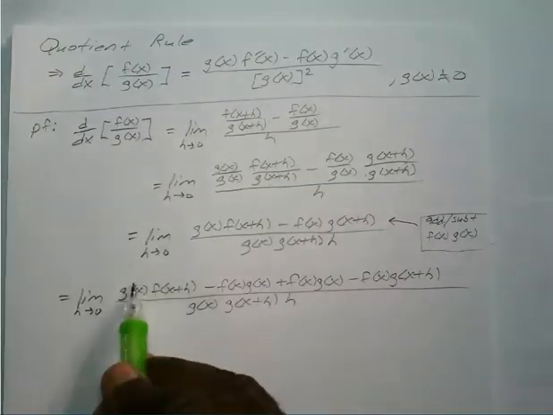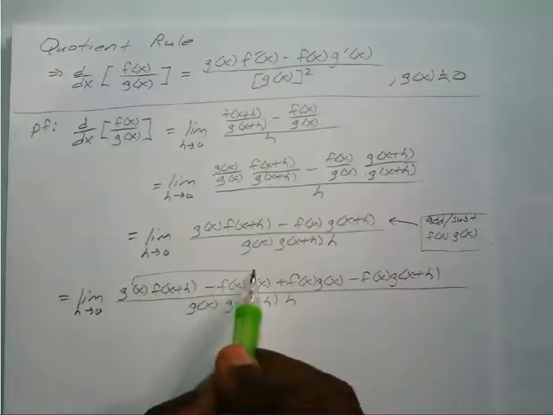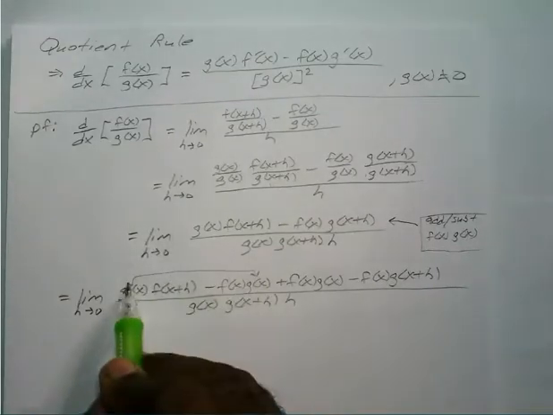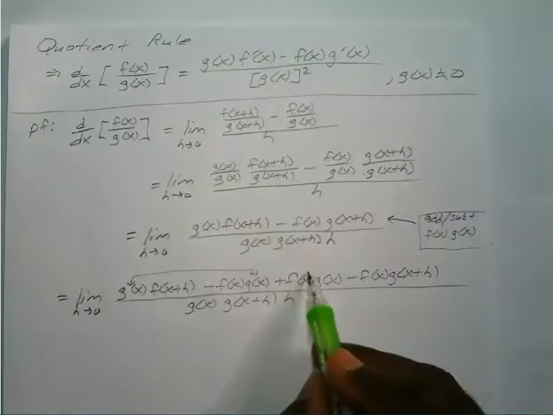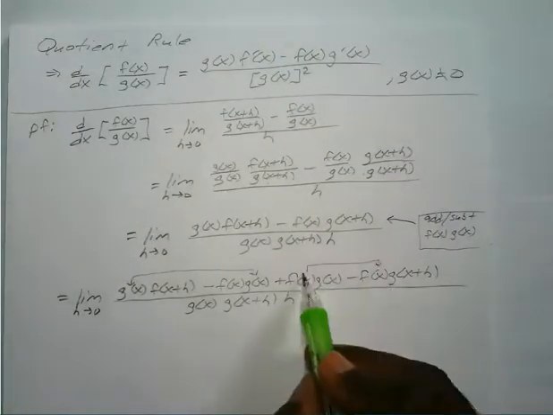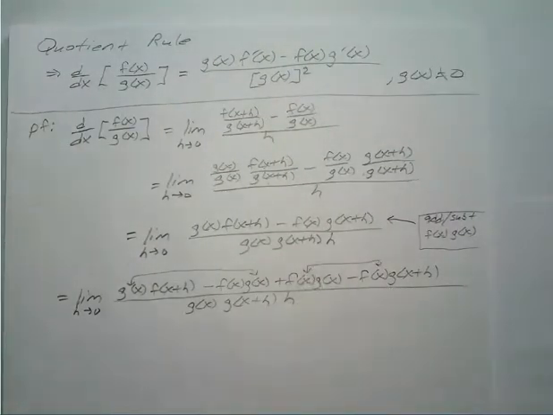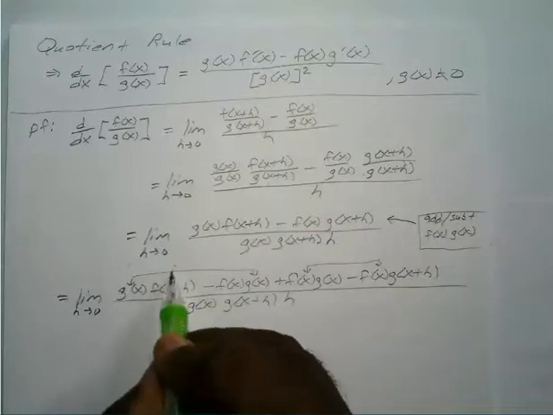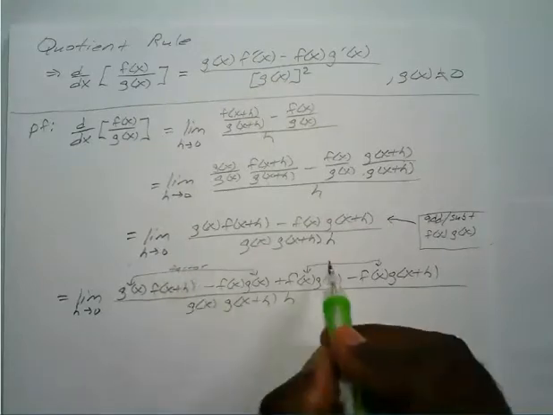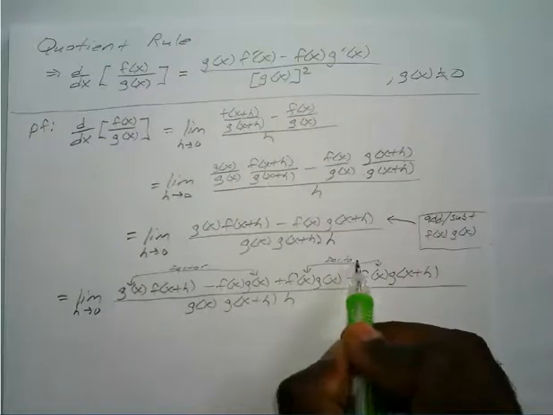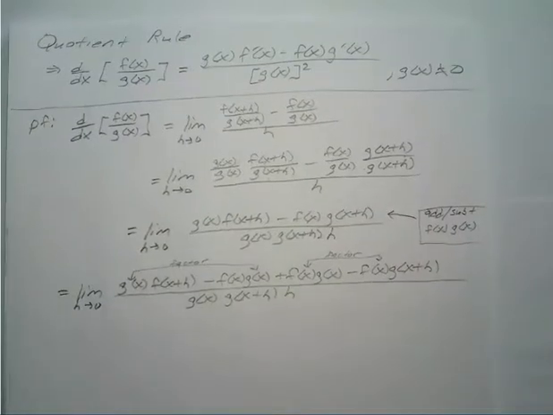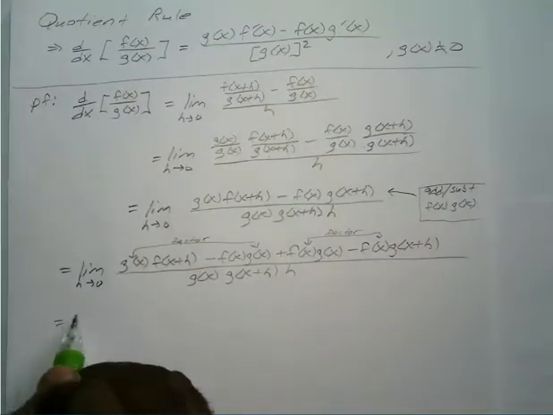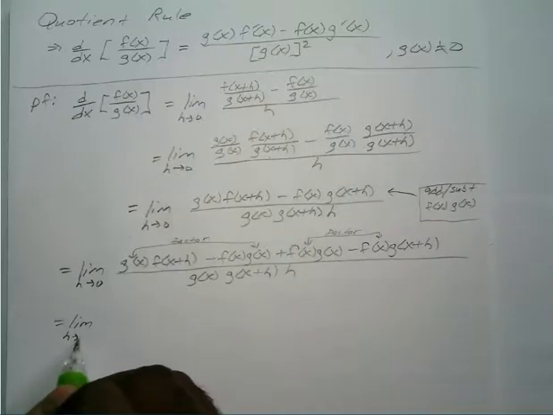Okay. Now this one we're going to factor out the g of x, and this one we're going to factor out the f of x. So we'll factor and we'll factor. Just factoring going on. So we have the limit as h approaches 0.